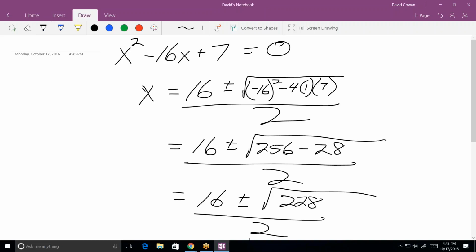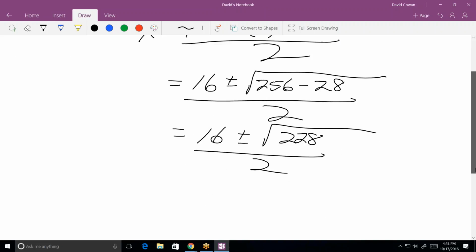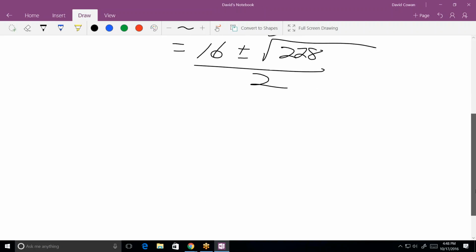Now, how can I tell if I can simplify 228? Over here on the left, I'm going to write the perfect square numbers.